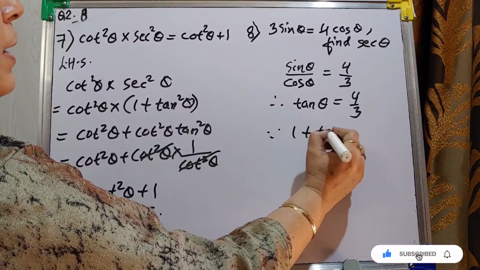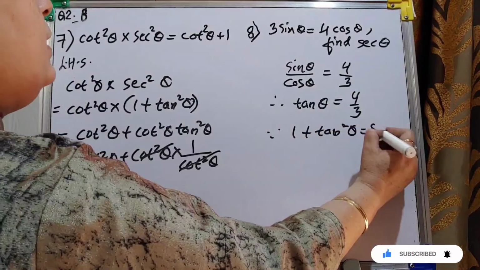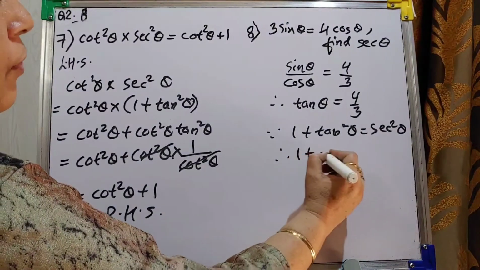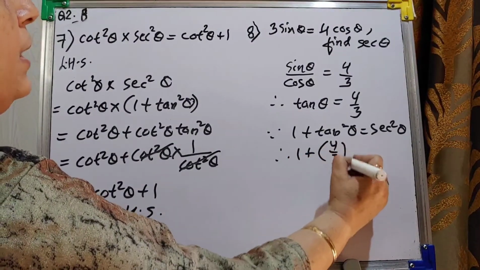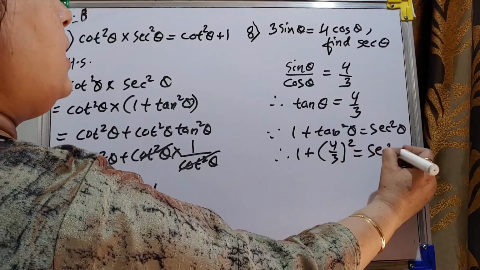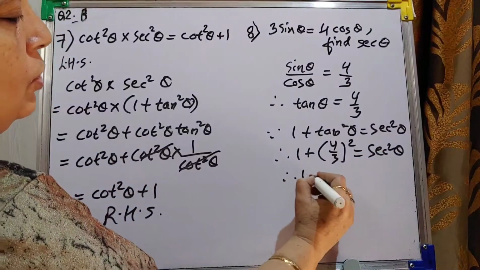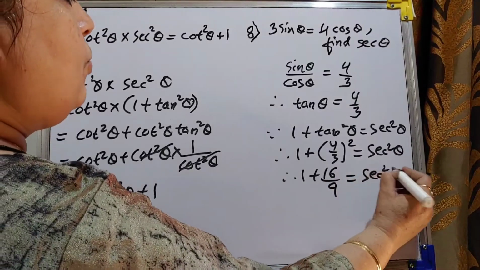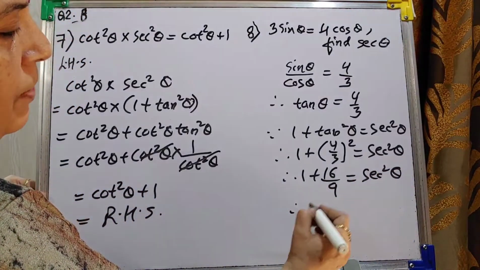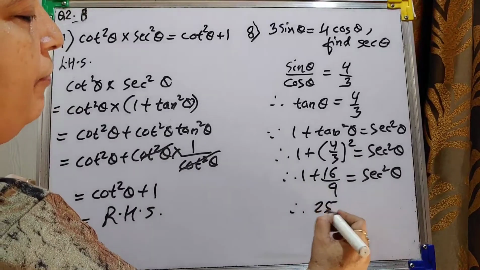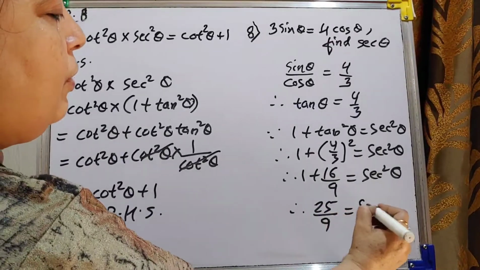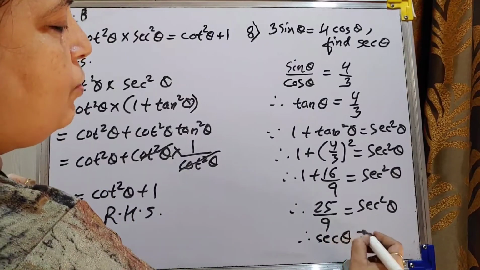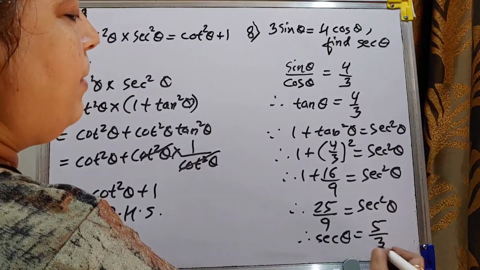Since 1 plus tan square theta is sec square theta, therefore, 1 plus 4 by 3 the square will be your sec square theta. So, 1 plus 16 by 9 will be your sec square theta. When you cross multiply, you will get 25 by 9. That will be your sec square theta. So your sec theta will be square root of this. So that will be 5 by 3.